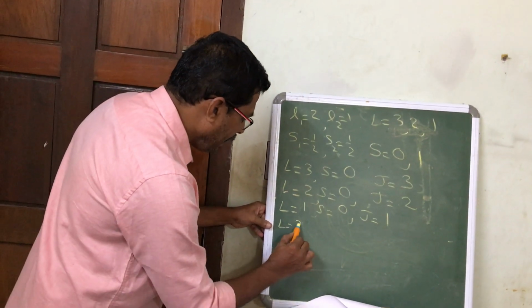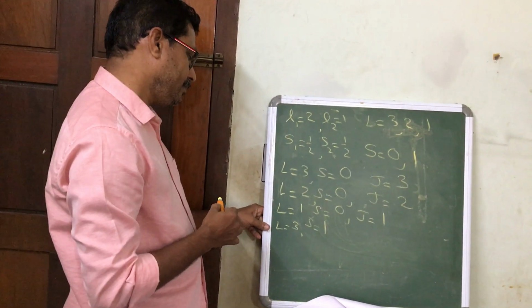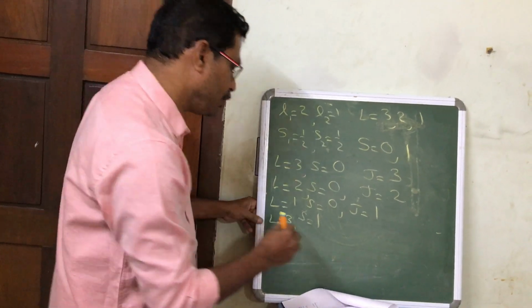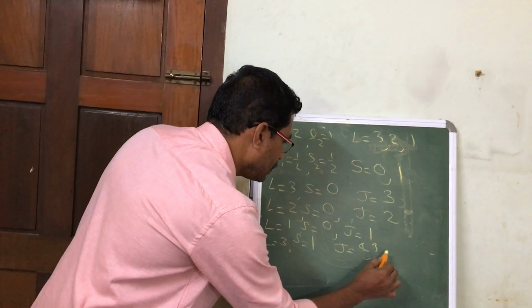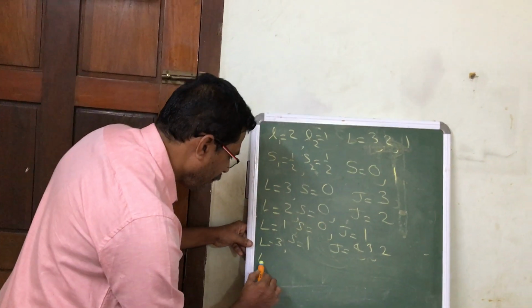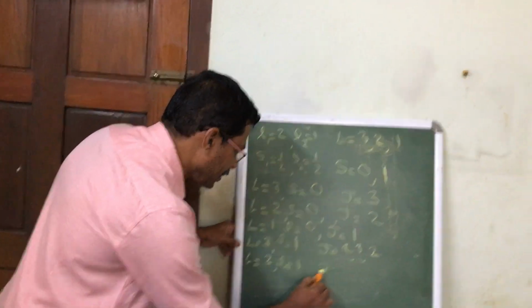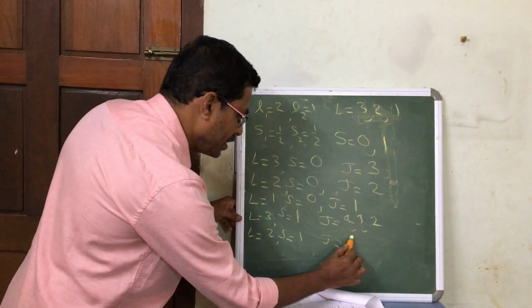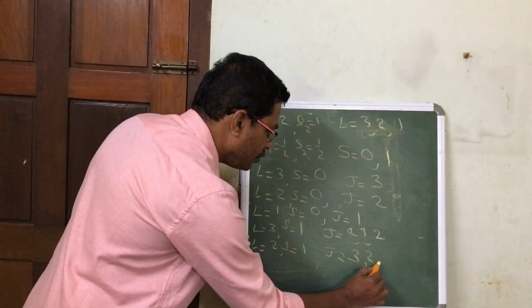Now, with L equal to 3 and S equal to 1, it can be from 3 plus 1, 4, to 3 minus 1, 2. That means your J can be 4, 3, 2. When L is equal to 2 and S equals 1, J can be L plus S, that means 2 plus 1 is 3, and 2 minus 1 is 1, so it is 3, 2, 1.